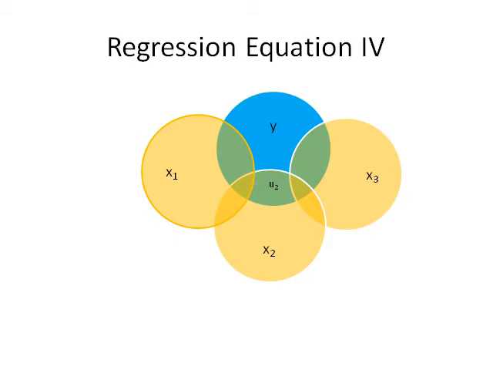Now, let's continue to use this example to talk about additional important issues involved in the prediction of the criterion by multiple independent variables. Note that the size of the unique area predicted by each of the variables depends on the other predictors in the equation. If x3 was removed from the equation, the unique contribution of x2 to the prediction of y would suddenly increase. As a result, b for x2 would increase.